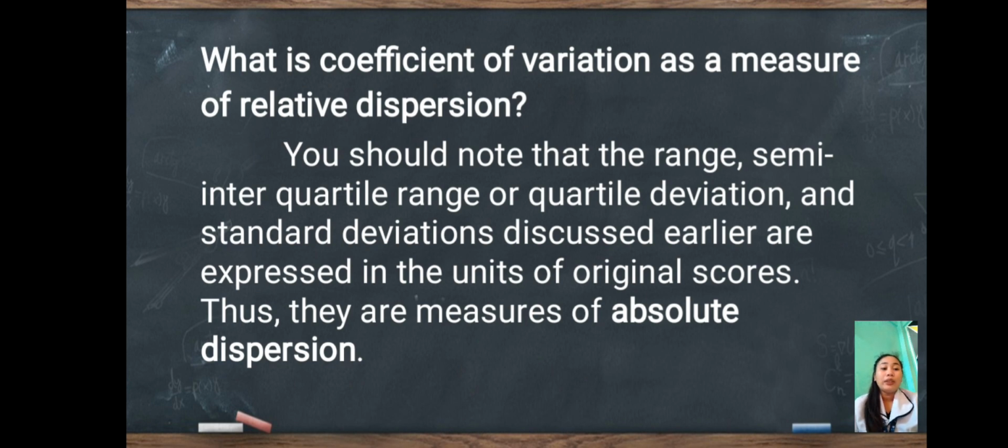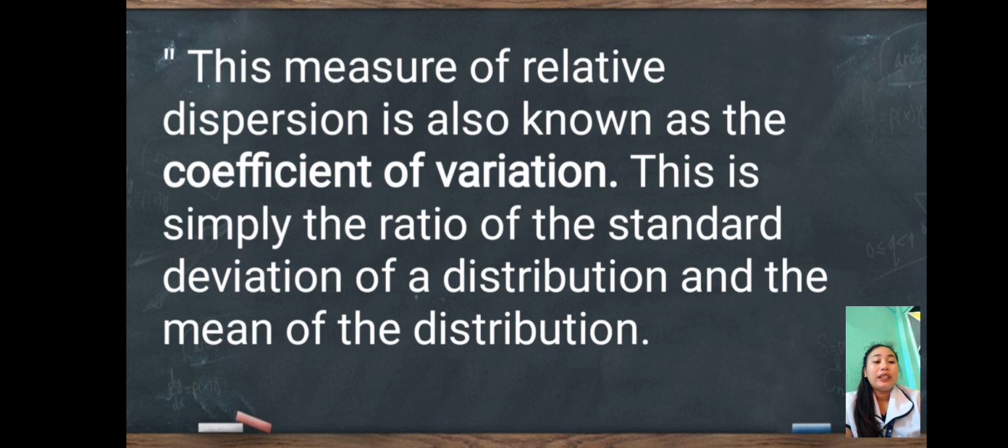If we want to compare the variability of the two distributions, can we say that the distribution with a standard deviation of 10 has twice the variability of the one with a standard deviation of 5? This measure of relative dispersion is known as the coefficient of variation. This is simply the ratio of the standard deviation of a distribution to the mean of the distribution.